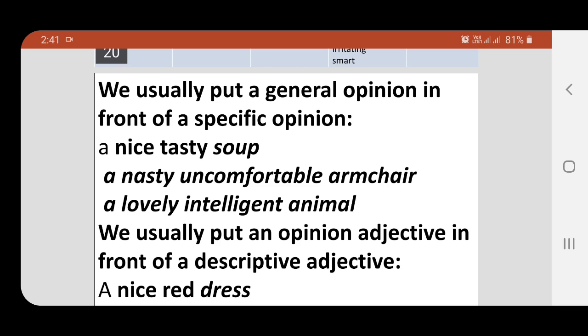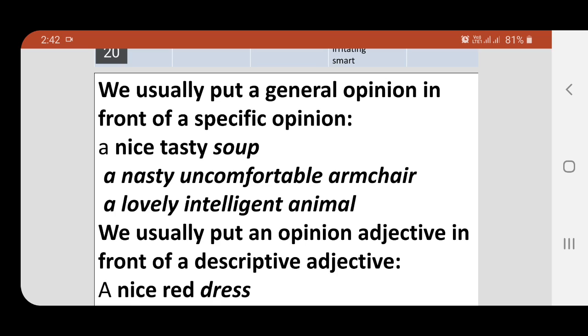Suppose it is connected with a person, then the appearance, whether he is young or old, whether he is black in color or medium or white in color, whether he is a fat or lean man. So these are some of the adjectives which are descriptive adjectives. Always we are supposed to put an opinion adjective, whether it is a general opinion or specific opinion, in front of a descriptive adjective.